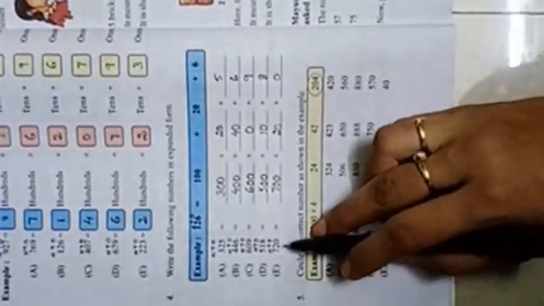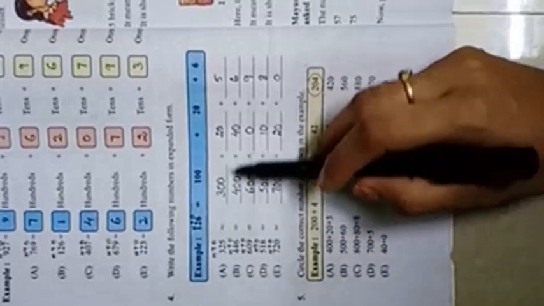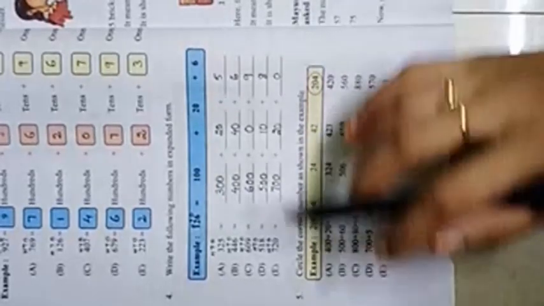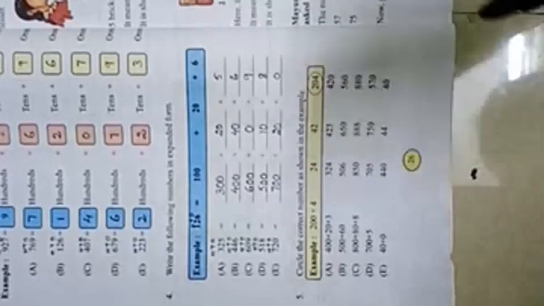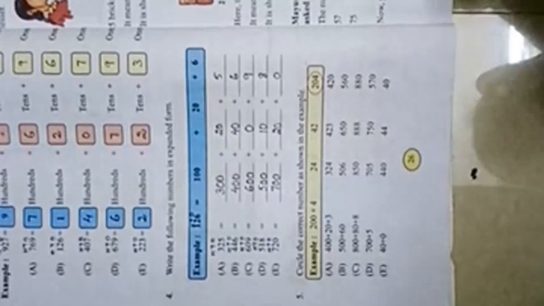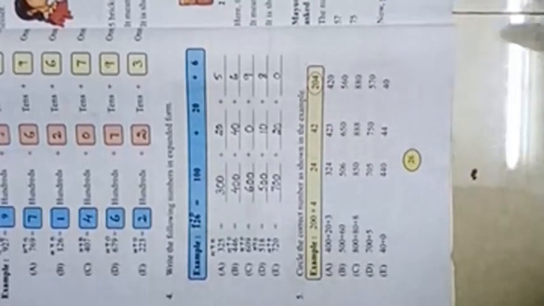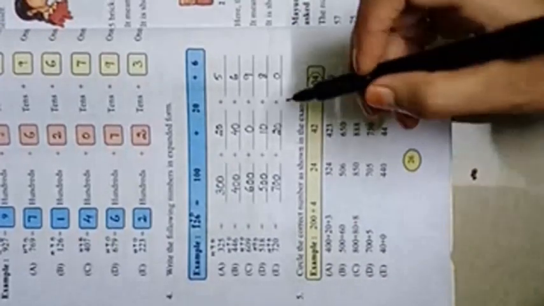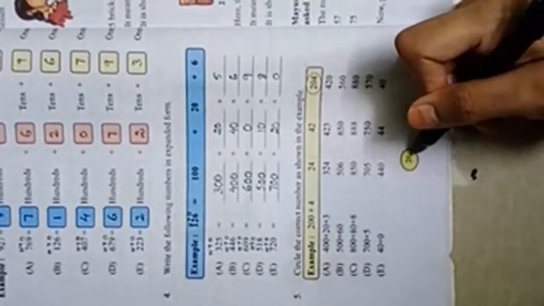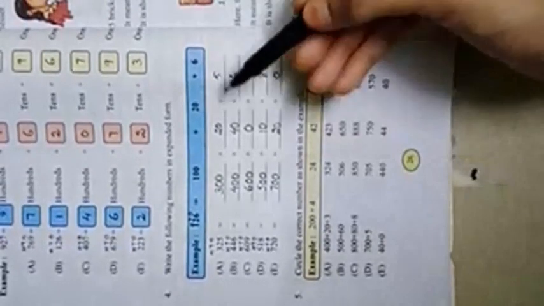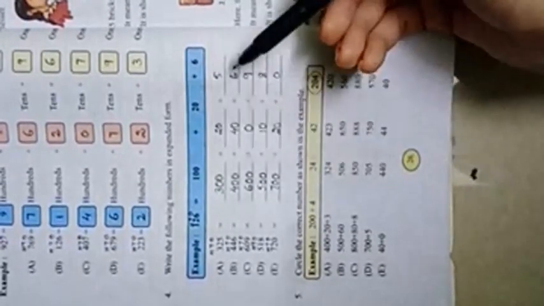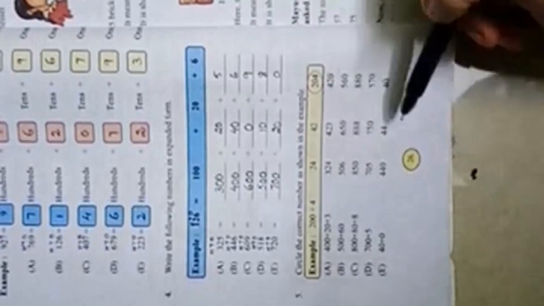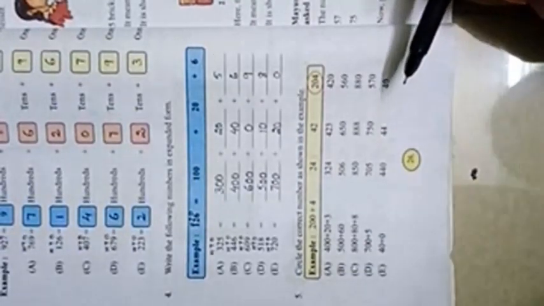Now this is the reverse condition. If hundreds, tens and ones are separated, how to combine them and form the number? We will learn now. That is called short form. Is that clear? In the previous bit, we learned how to expand the number. Now in this bit, we are going to write the number in short form.